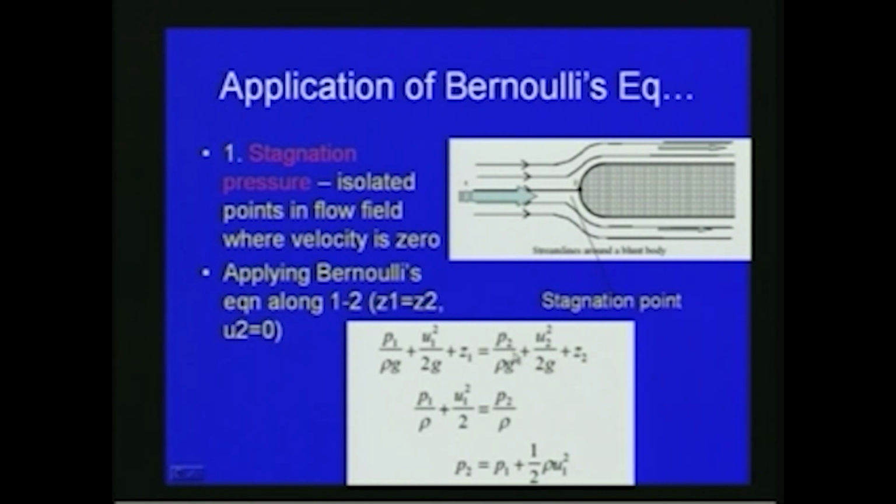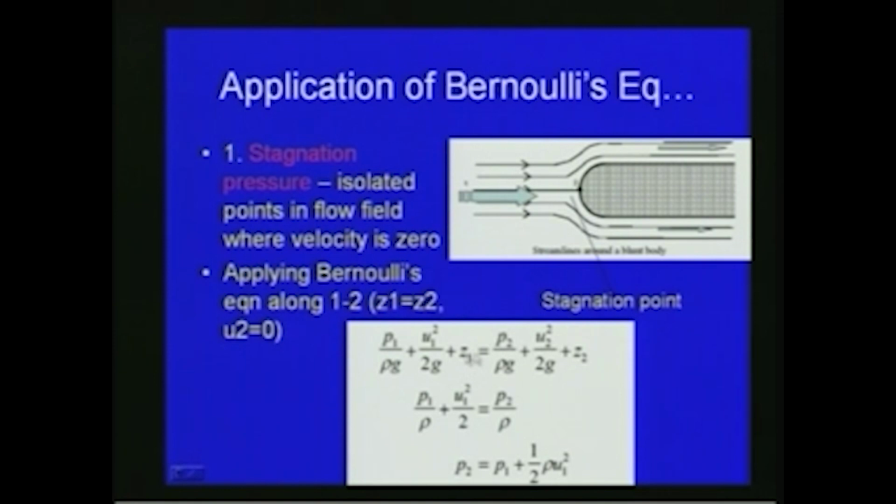Here we are now considering the stagnation point. Due to the stagnation point, the velocity at that point will be 0, so in this equation, if you multiply both sides by g, we can write P1 by rho plus U1 square by 2 is equal to P2 by rho. Since Z1 is equal to Z2, this is cancelled, and since we are considering the stagnation point, U2 is equal to 0, so P1 by rho plus U1 square by 2 is equal to P2 by rho.